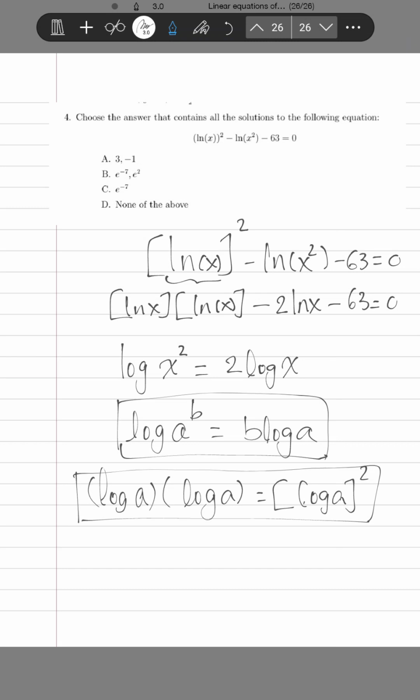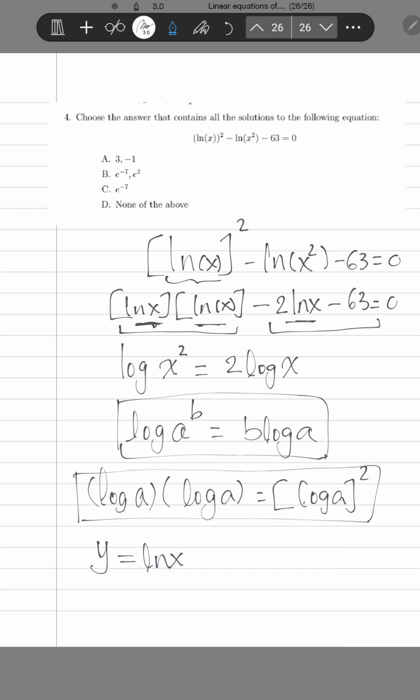Now, before we continue, we need to see the characteristic of this equation. We have got 2 ln x here, and ln x squared in here. More or less, it looks like a quadratic equation after a certain substitution. Let's use a substitution, say y is equal to ln x.